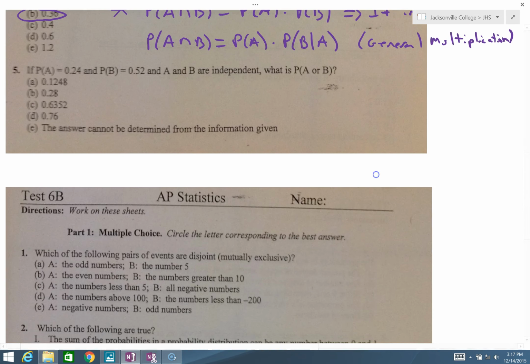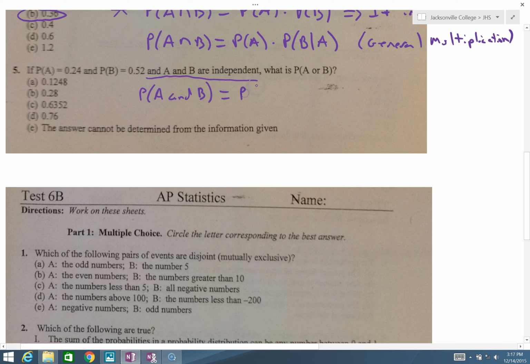All right, number 5. Again, we're assuming A and B are independent. They want to know A or B. Well, since A and B are independent, it's okay to multiply them together. The probability of A and B, that's the intersection.